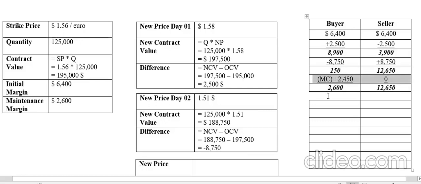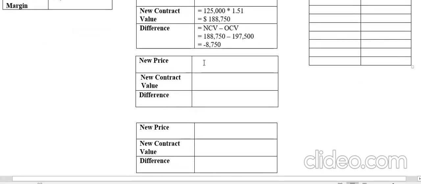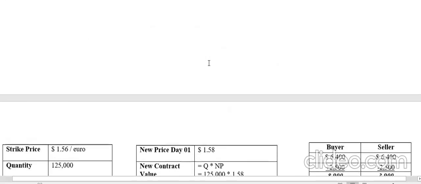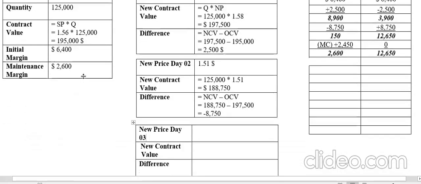Okay, so let's go for our third day adjustment now. The new price for day 3 is also given to us. The third end-of-day price is $1.57 per euro.